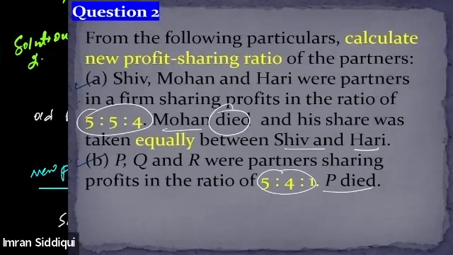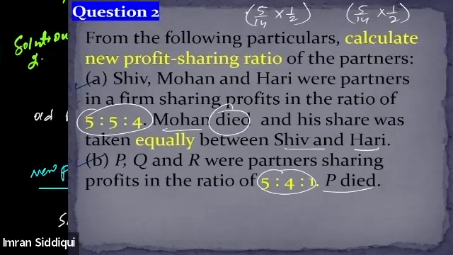So that means 5/14 needs to be taken by both the partners equally. So half of 5/14 will be taken over by Shiv, and half of 5/14 will be transferred to Hari. Got it? Is that correct?